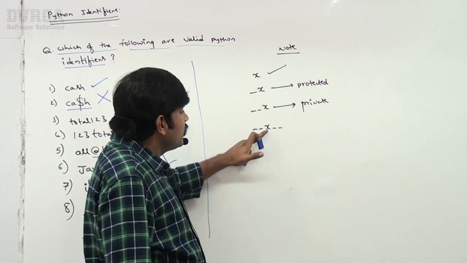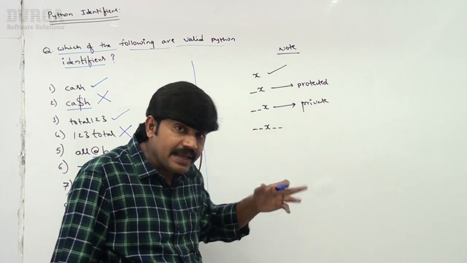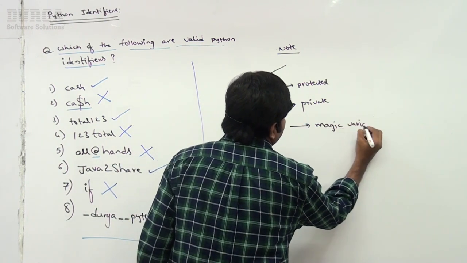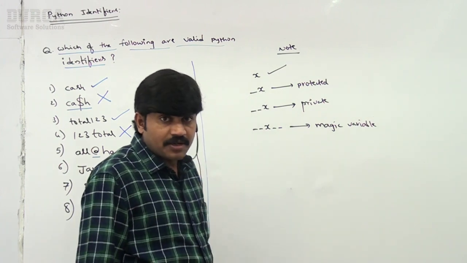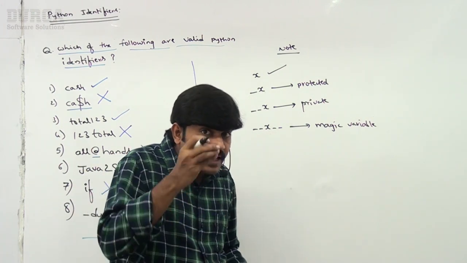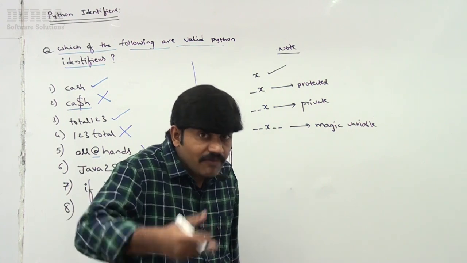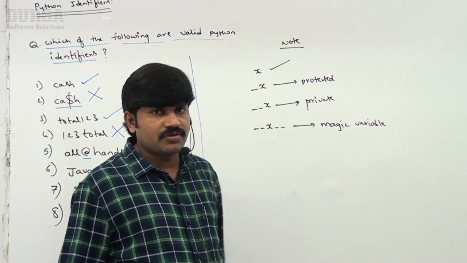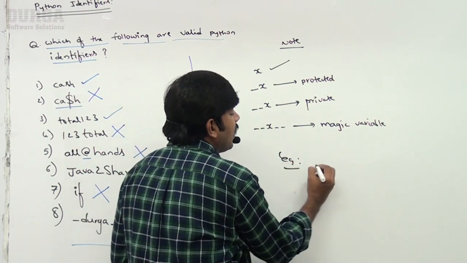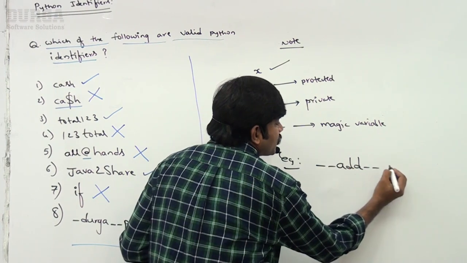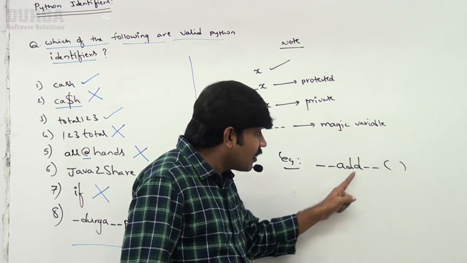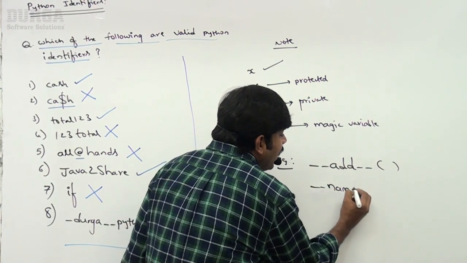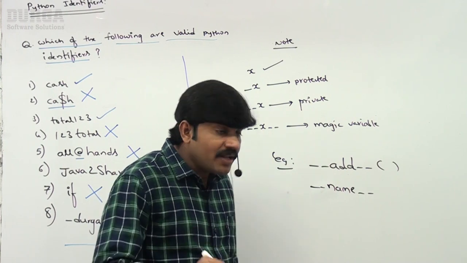Next, a variable that starts with two underscore symbols and ends with two underscore symbols is called a magic variable. At the language level, it has some meaning or functionality. For example, __add__ is a magic method, a language predefined magic method, and __name__ is a language level predefined variable.